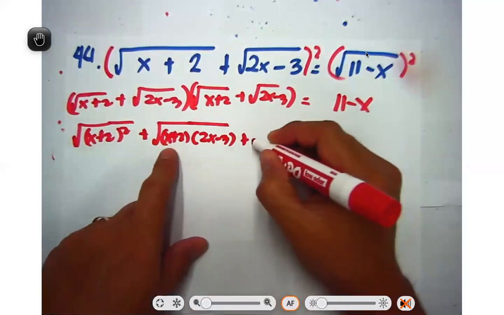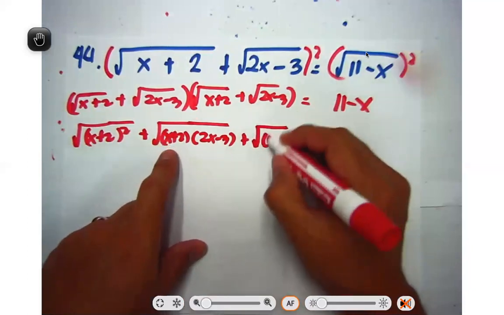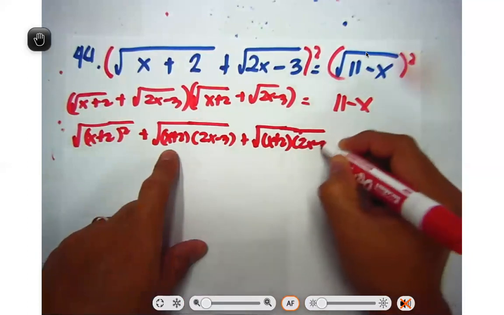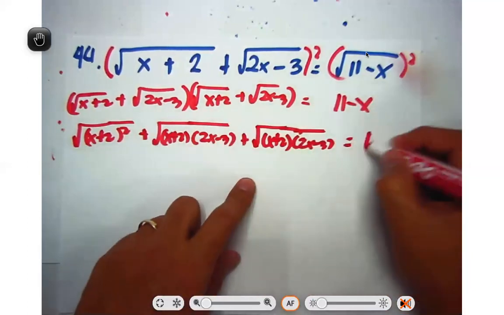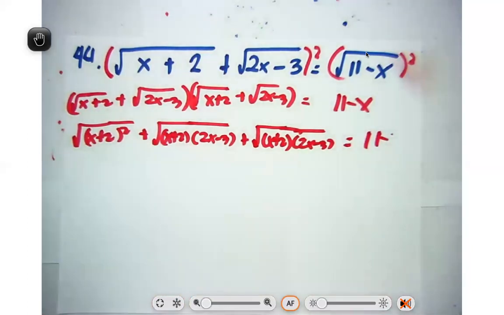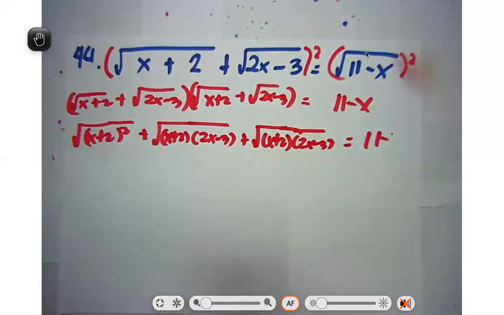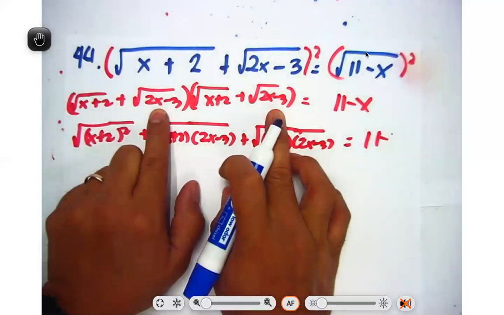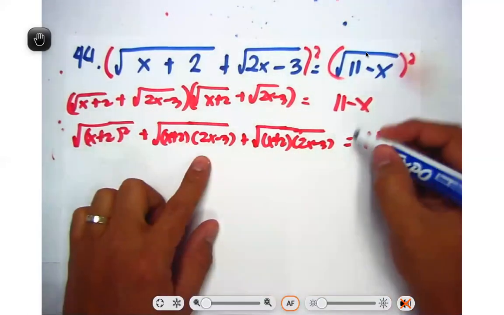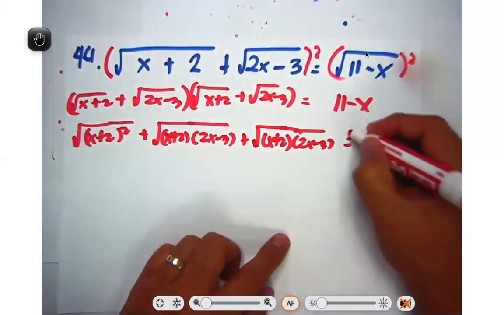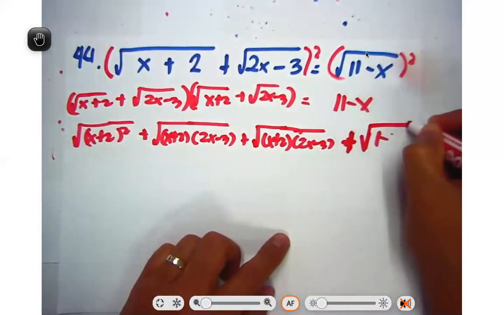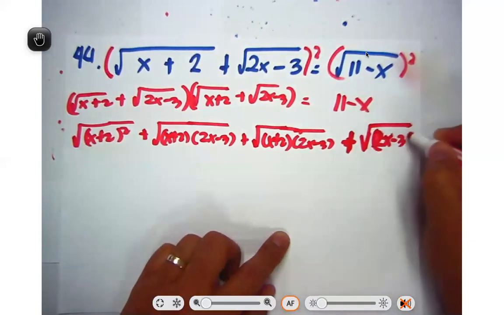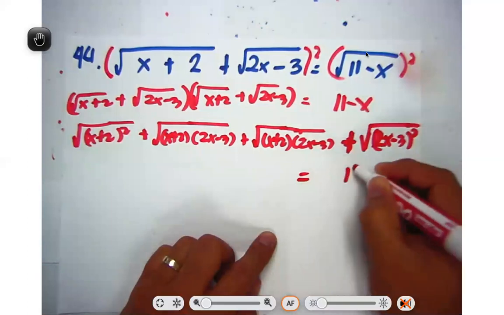We have x plus 2 times 2x minus 3 there inside. Oh, wait. No. I forgot one thing. Square root of 2x minus 3 times square root of 2x minus 3, it's going to be plus the square root of 2x minus 3 squared equals 11 minus x.